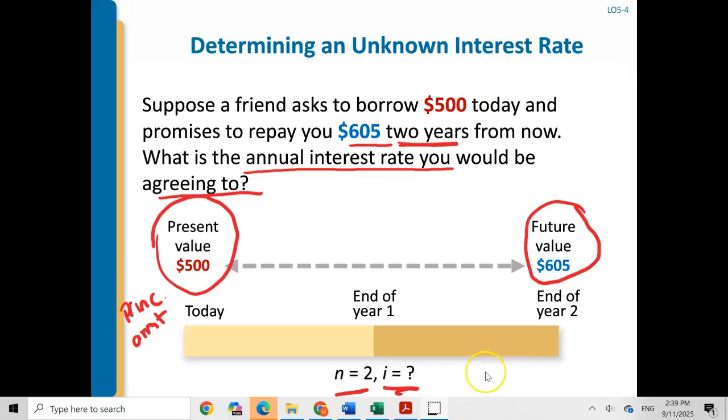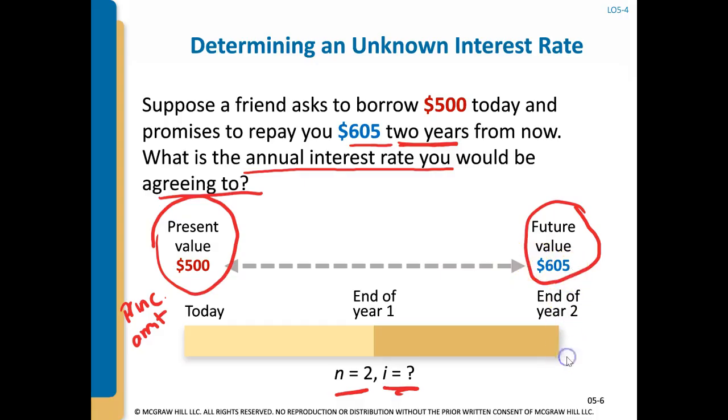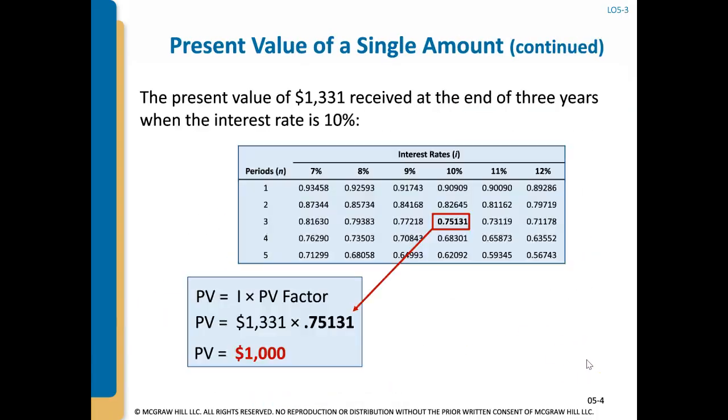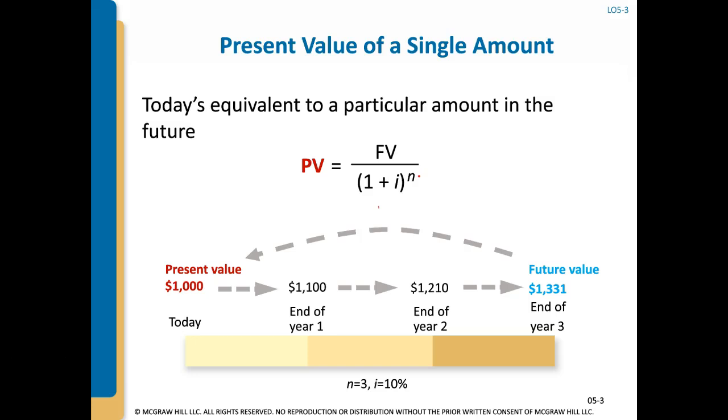So how am I going to figure that out? Let's go. So my present value is 500, my future value is 605. Let's go back up into my formula, if you will, right here, where I calculate the present value.